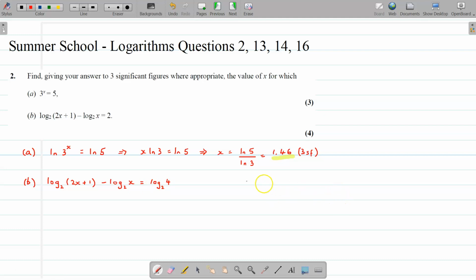Having got that, I can now use one of the rules of logs: when I'm subtracting 2 logs in the same base, I can put it as a single log with a division. So the left-hand side of that equation can be written as log to base 2 of 2x plus 1 on the numerator, divided by x on the denominator, and that is equal to log to base 2 of 4.